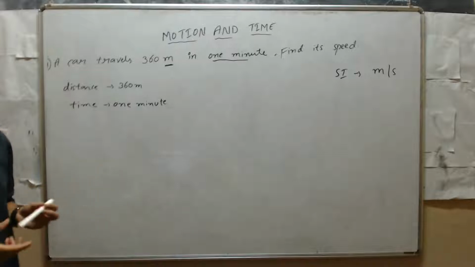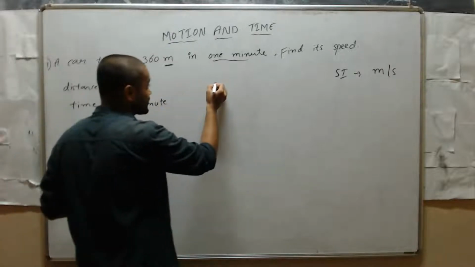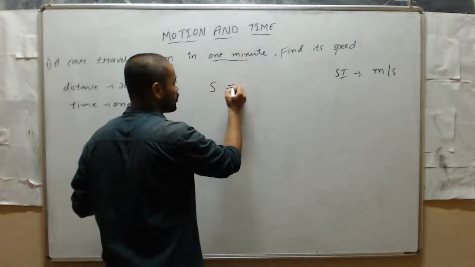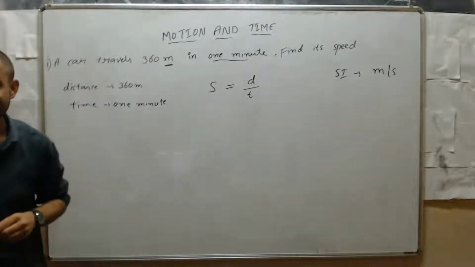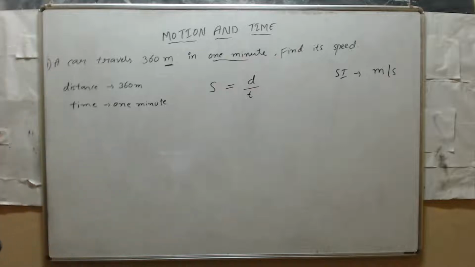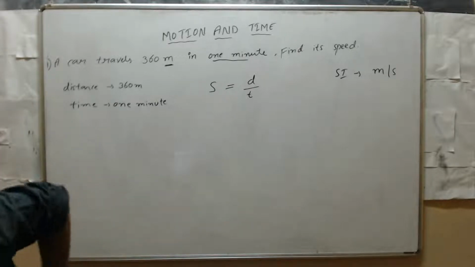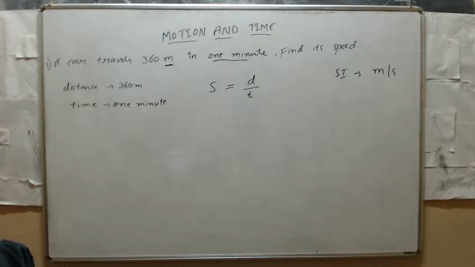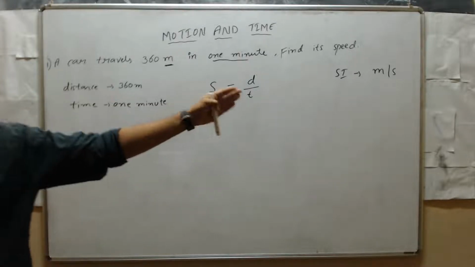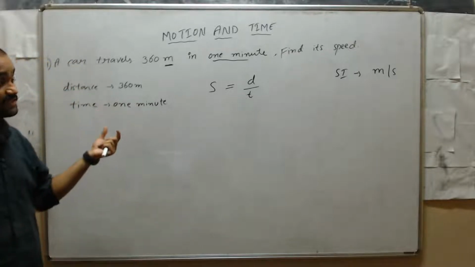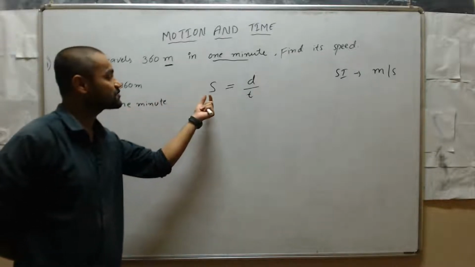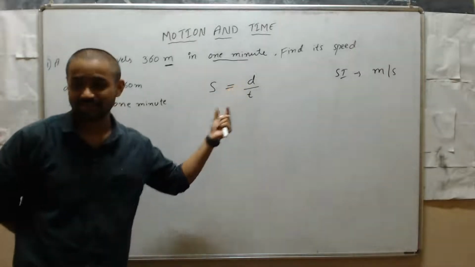Now solve the question. We have the formula: speed is equal to distance by time taken. The SI unit of speed is meter per second, students. We have to find speed, so speed is equal to distance by time.